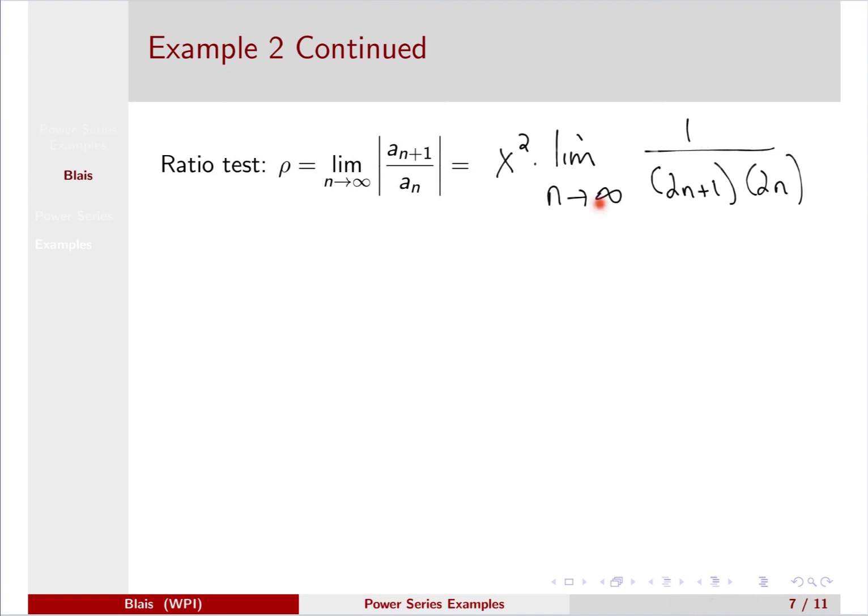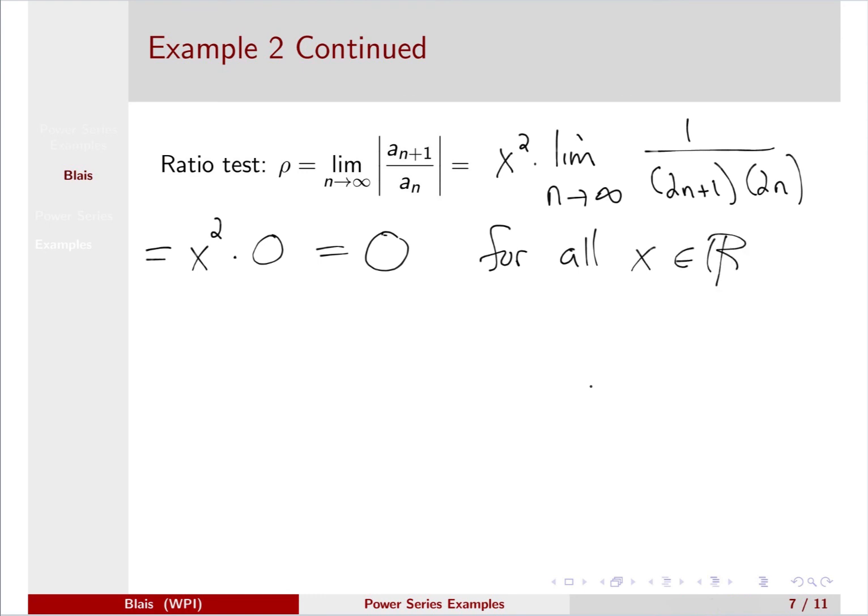And we note here that this limit is 0. No matter what you plug in for x, you'll either have 0 or a positive constant times a limit of 0. So this is x squared times 0, which is 0 regardless of the value of x. So it's 0 for all real numbers x.